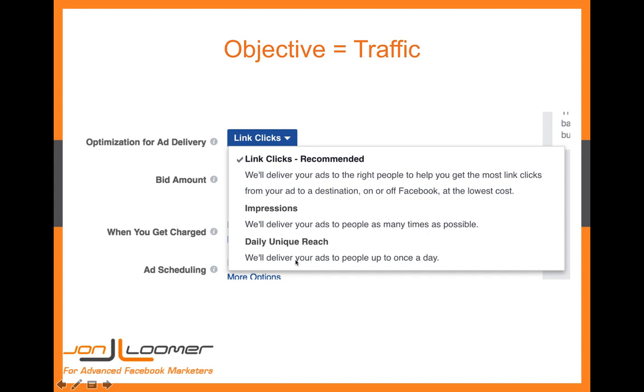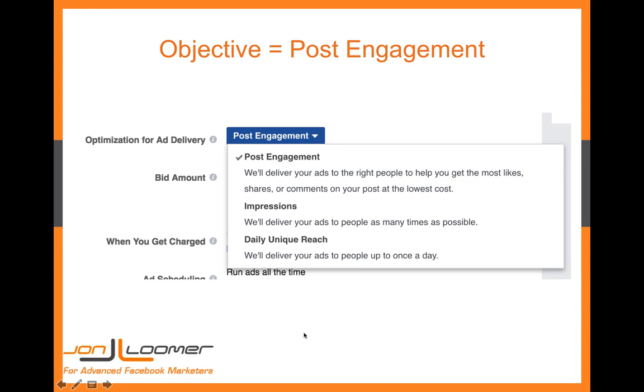Then traffic. Once again, you've got the option of link clicks. This would make the most sense if you're trying to drive traffic. Show it to people who have shown Facebook that they're likely to click on links. But you also have options of impressions and daily unique reach. But in each of those two cases, you're not optimizing for any type of action.